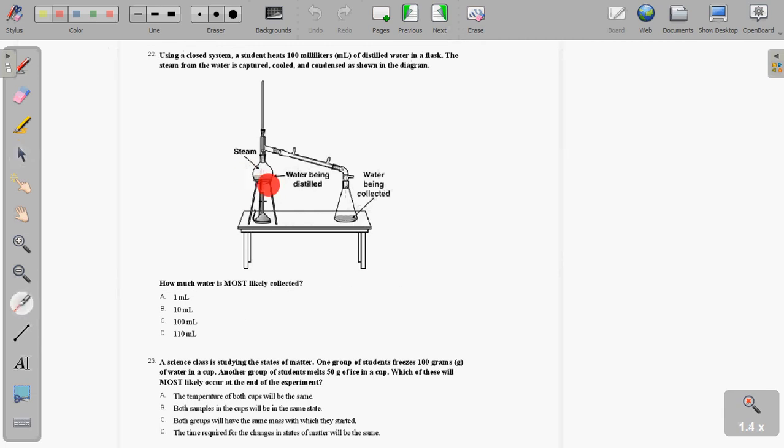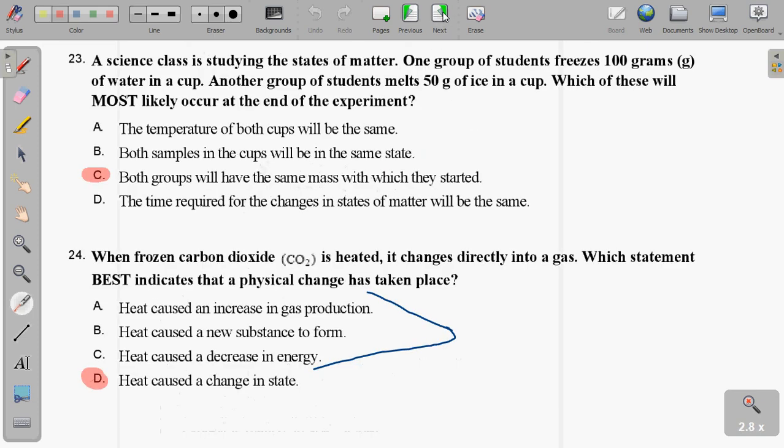If I start with 100 milliliters of water over here and I boil it, I collect all the vapor and let it condense over here, I should have 100 milliliters of water over here as well. Both groups will have the same mass in which they started. So again, mass is conserved.